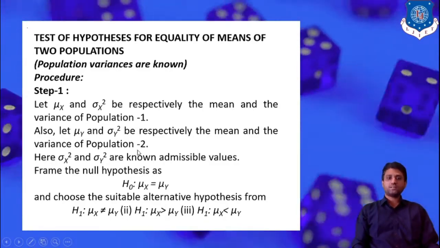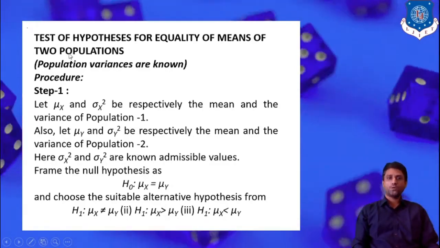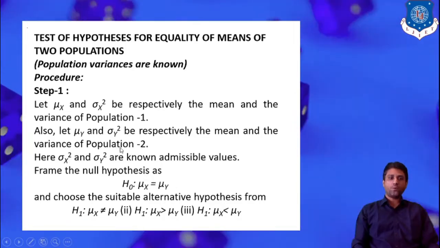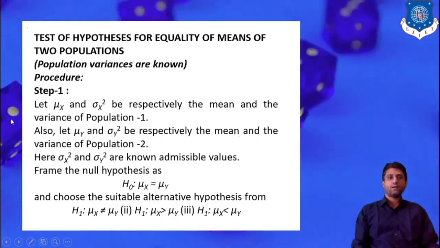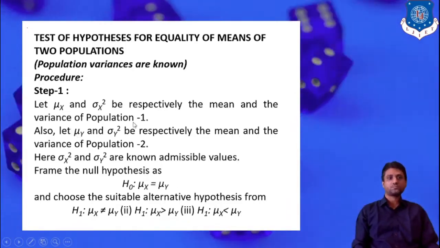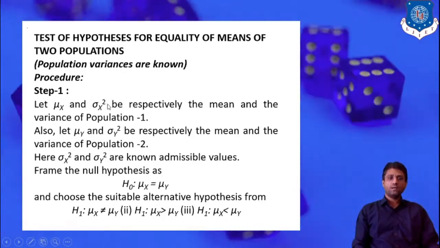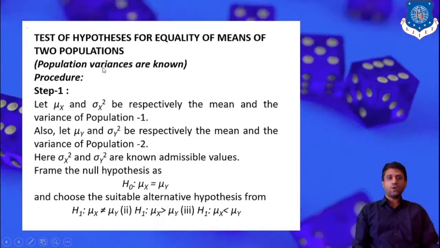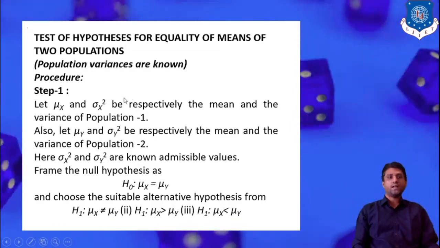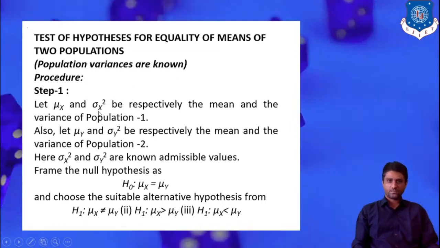Also we consider the second population, whose mean is denoted by mu y. Now sigma x square is the variance, because right now the variance is known, that's why we have to include the variance.